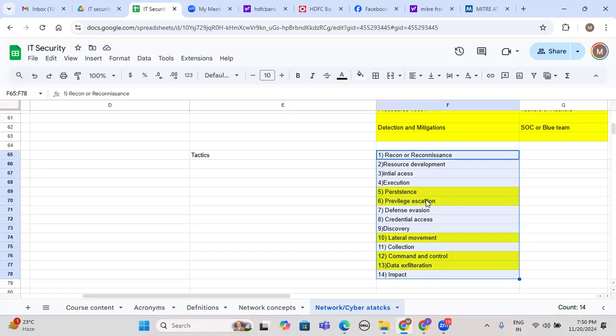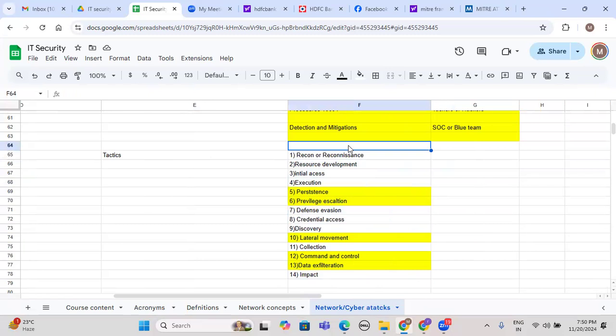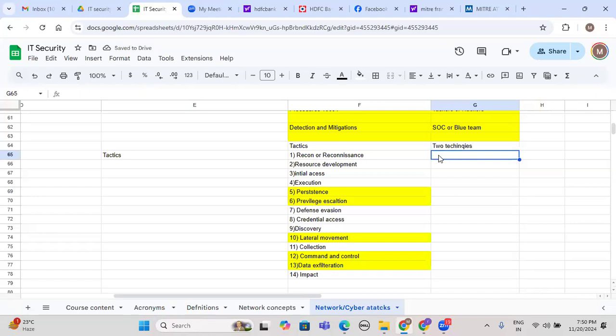So these 14 you have to remember compulsorily. Along with that, each and every tactic, at least 2 techniques you have to remember. So 14 into 2, 28 techniques you have to remember. What is meant by that? Let's go and see.